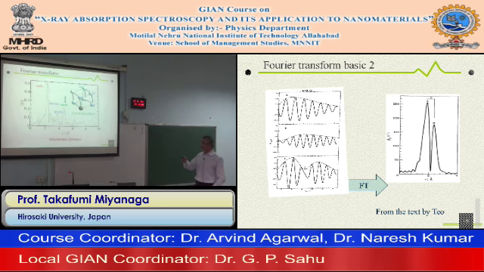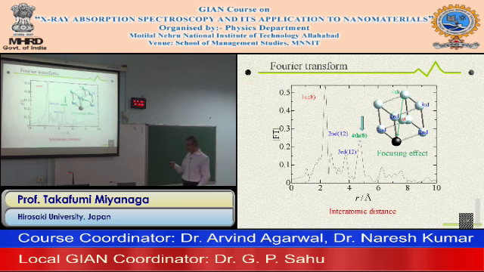The actual Fourier transform of iron appears here. The first peak is, of course, the first nearest neighbors of the body-centered part, and the second one is here.